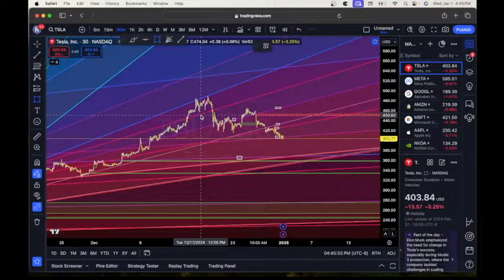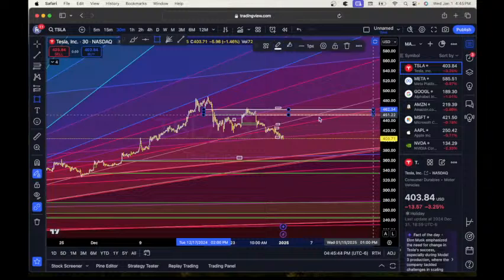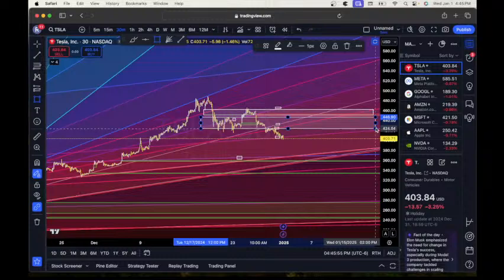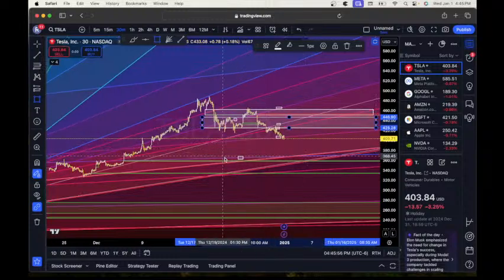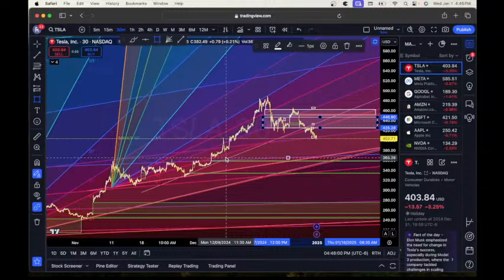If I had to pull one out of the hat though, you could take this level here, and then I'll even take this zone right here. But anything else outside of that, you know what?